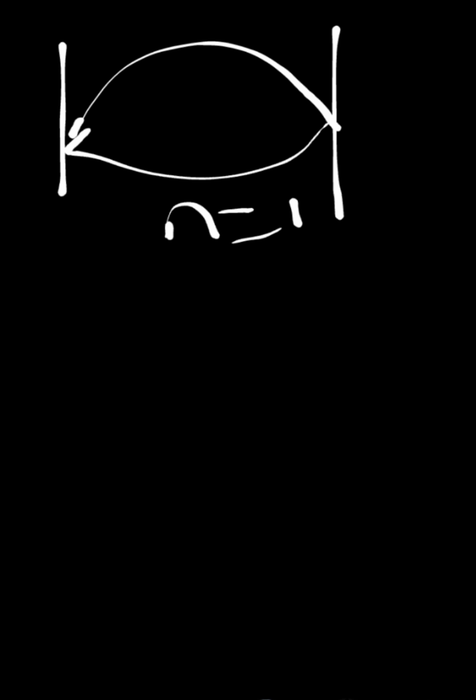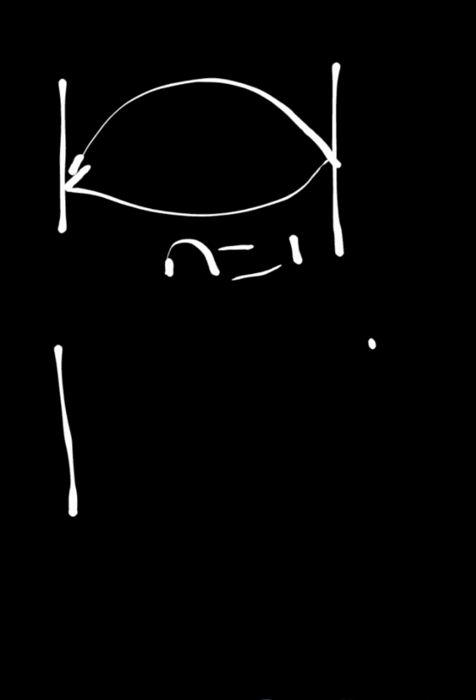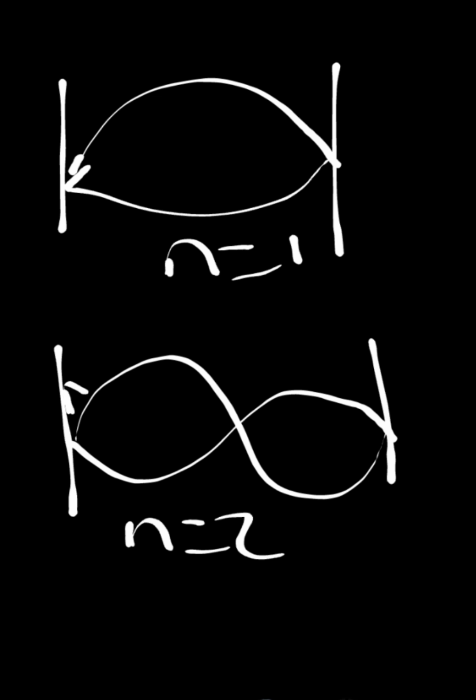As you can see, it's like there are two loops. So this is n equals 2. Then you can also go to the third harmonic, fourth harmonic, just like that. As you can see here, there is a node, antinode, node, and node again, with an antinode somewhere here.